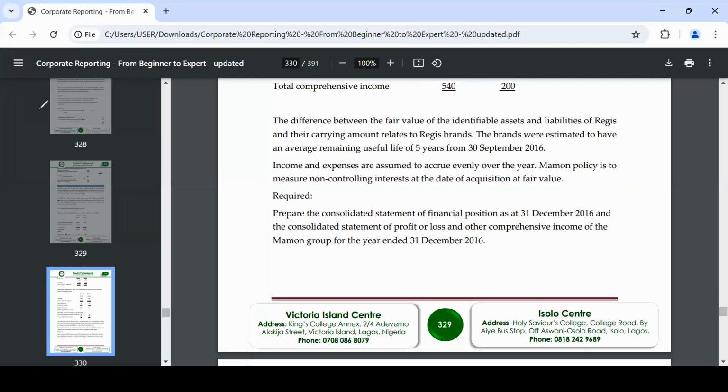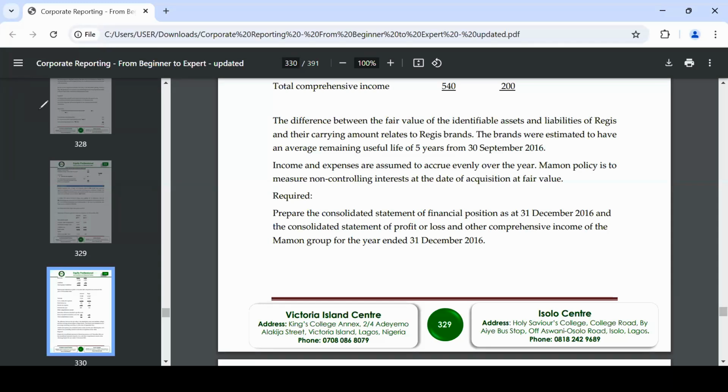However, we're told that the brands were estimated to have an average remaining useful life of 5 years from 30th September 2016. It means that you're going to have to calculate yearly amortization or depreciation for this brand. But we don't know the value of the brand yet.